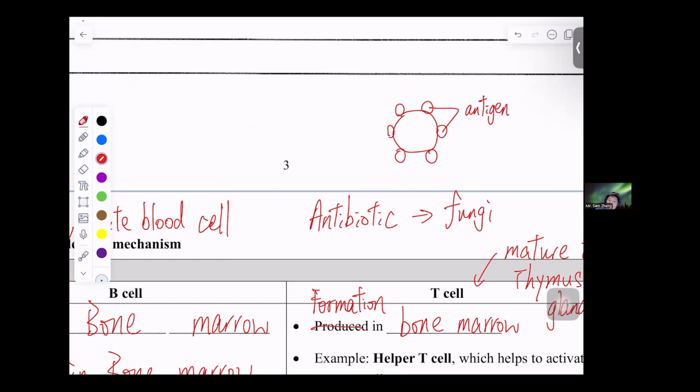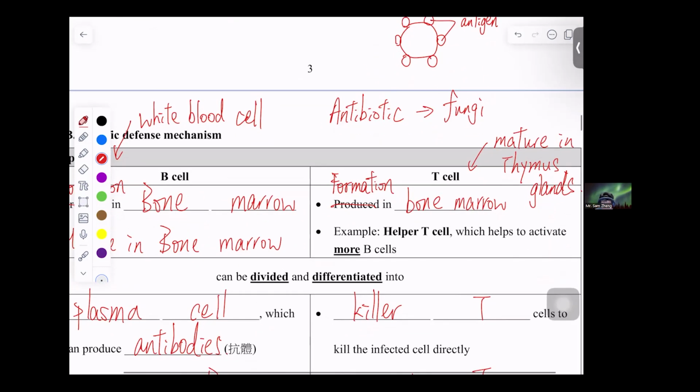Some antigens may not cause any inflammatory response because they are already in our body. But we have some other antigens that may cause the inflammatory response, for example, the antigen from the pathogens.